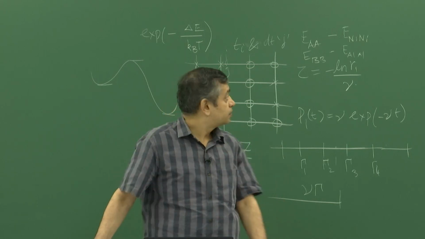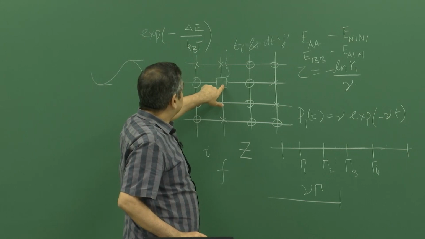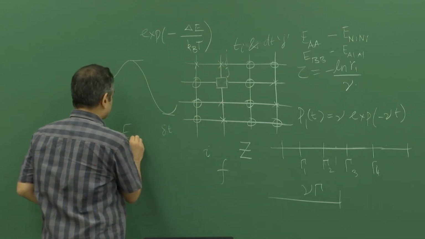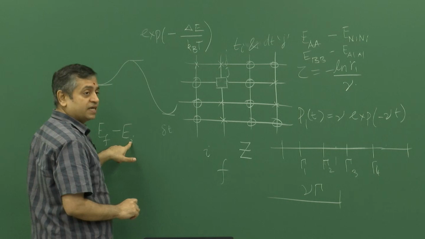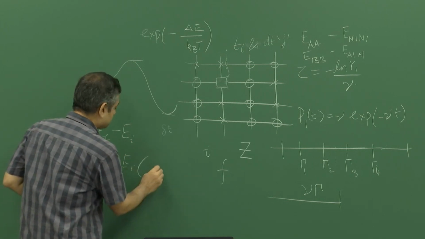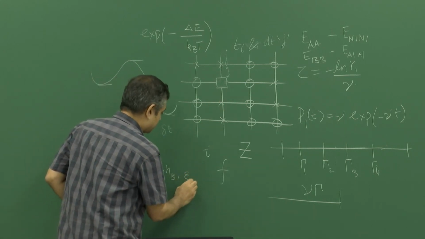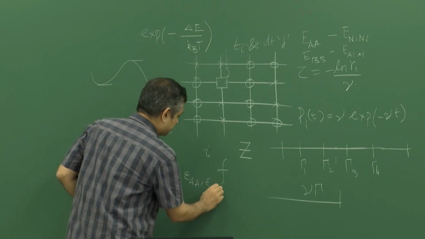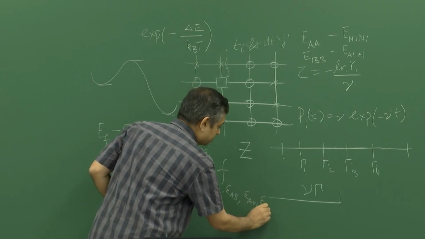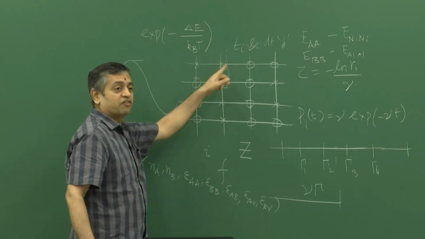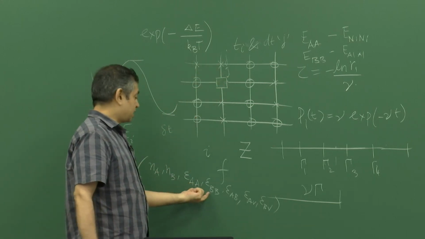So, in this expression this delta is not a bond energy. This delta E is the difference between the two configurations, E_F and E_I. But these E_F and E_I are functions of the number of A atoms, number of B atoms, and epsilon AA, epsilon BB, epsilon AB, and in this case also epsilon AV, epsilon BV and so on, right, because we count the number of bonds, we calculate their energies, and then we flip and count the number of bonds and their energies again.